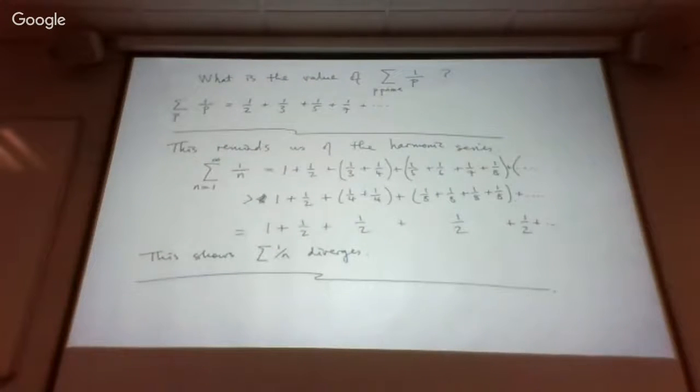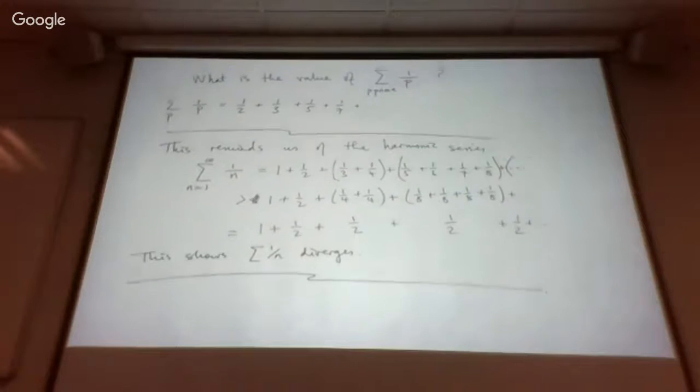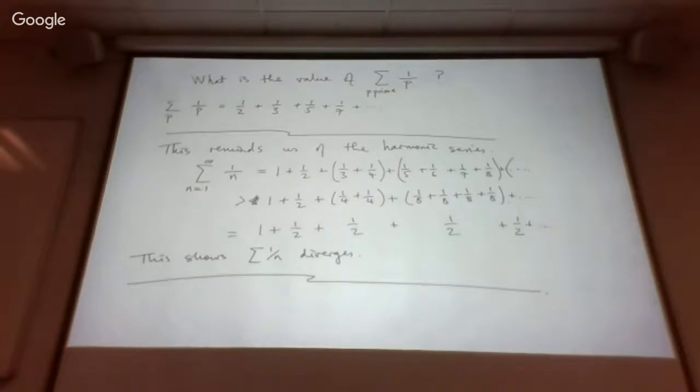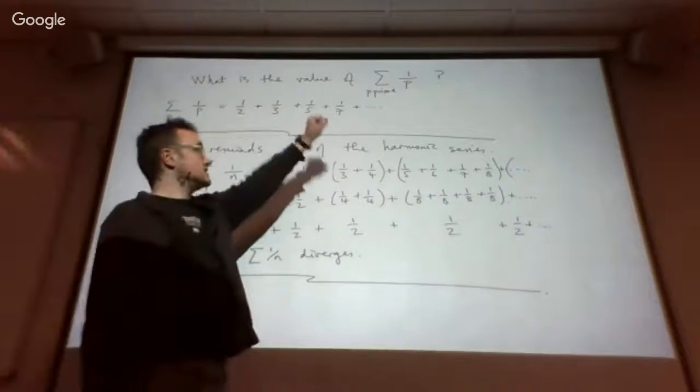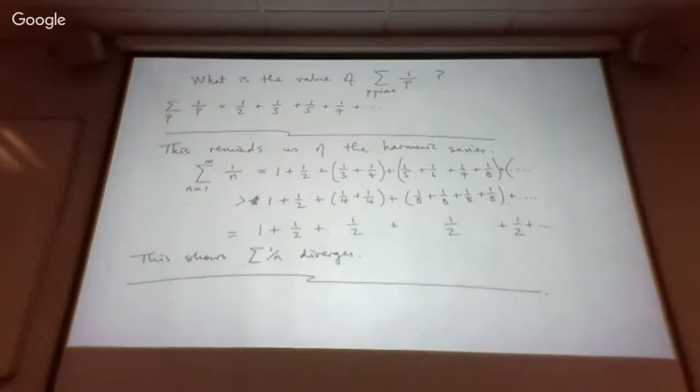Now, when I said it was going to be a fun lecture, part of what I was referring to was that the first proof of this that we're going to show is based on the original proof that the series diverges, which is due to Euler from about the 18th century.